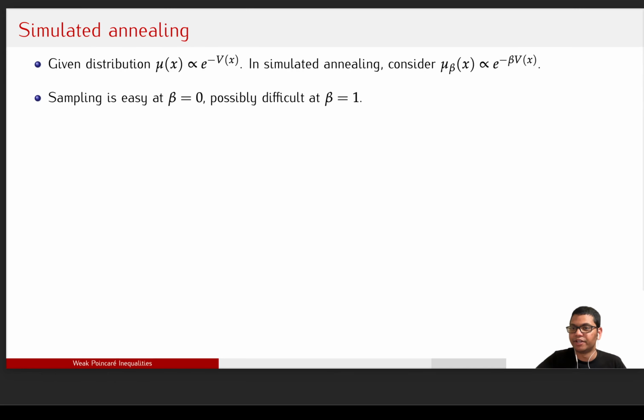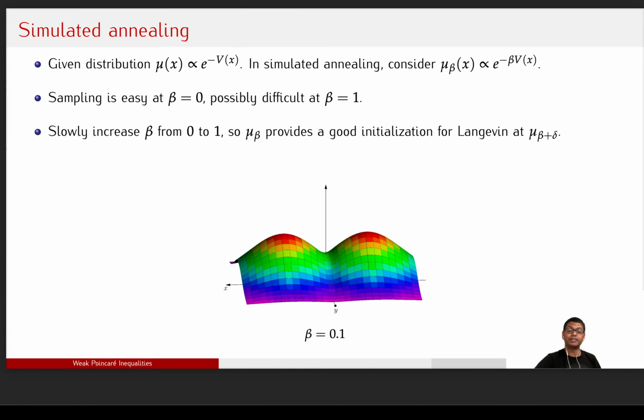And when beta is equal to 0, you can see that this is the uniform distribution. But the sampling problem could be easy or hard depending on the exact structure of V when beta is 1. So the idea of the simulated annealing algorithm is to initialize at beta equals 0 and then slowly increase beta over time.